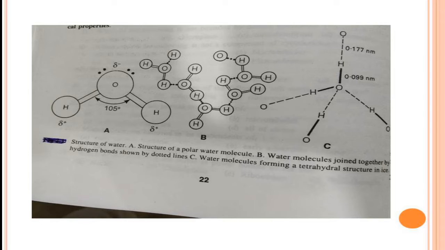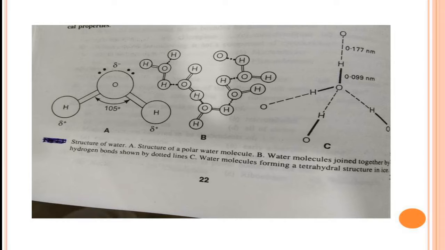This partial positive charge and this partial negative charge are equal in number, or we can say equal in power. That's why ultimately they don't carry any charge, and the water molecule becomes neutral.